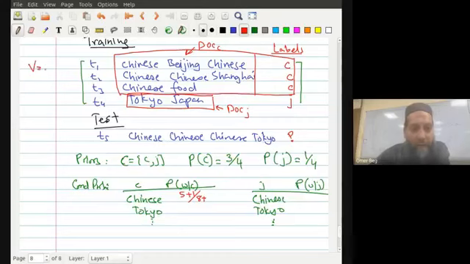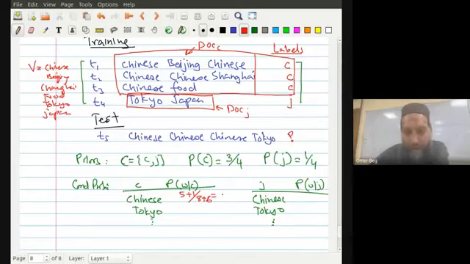Now, the vocabulary essentially includes Chinese, Beijing, Shanghai, food, Tokyo, Japan. So 1, 2, 3, 4, 5, 6. So this is 8 plus 6. And this turns out to be 3 over 7.